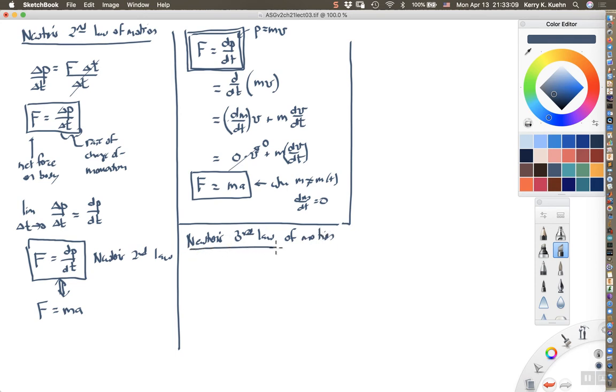How did Newton write his third law of motion? I'll just write it the way he did. Well, actually he wrote it in Latin, but I'll write an English translation of it.